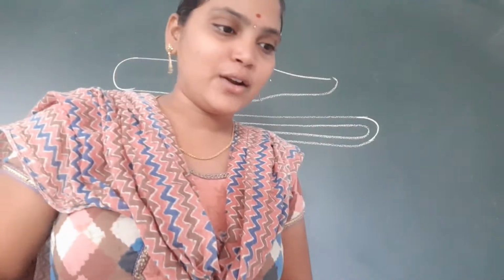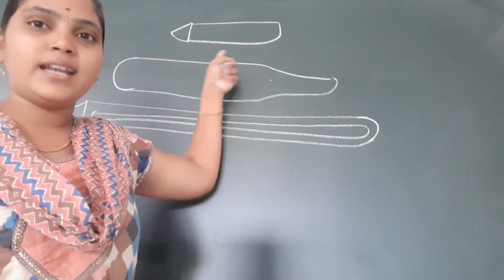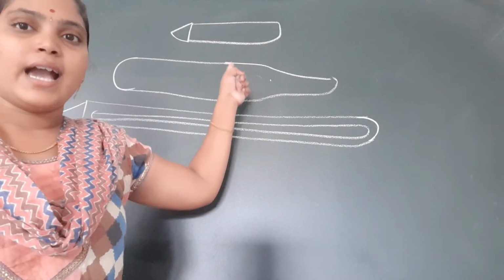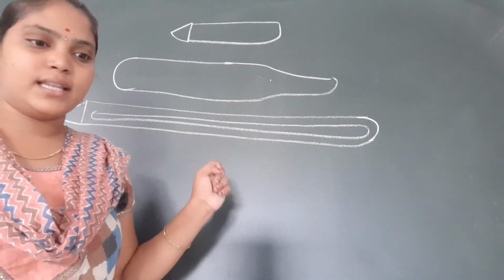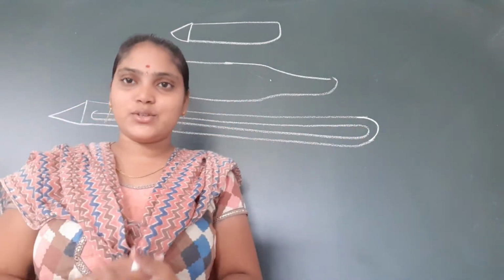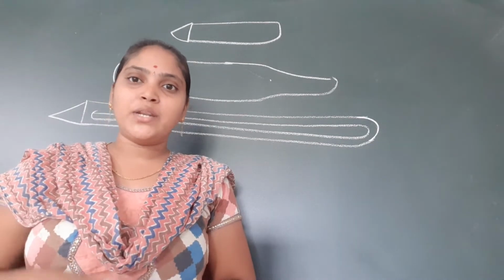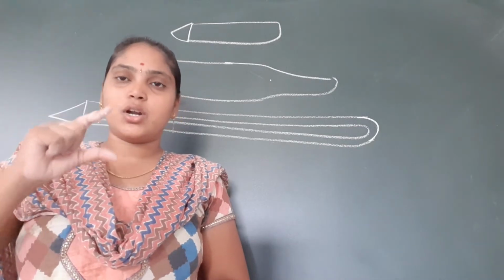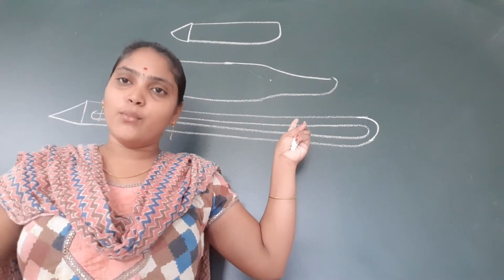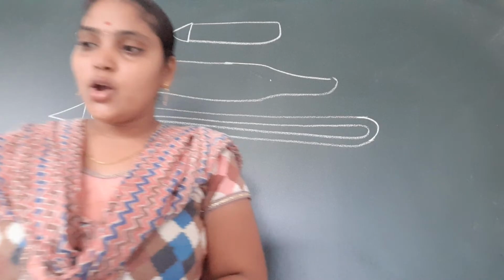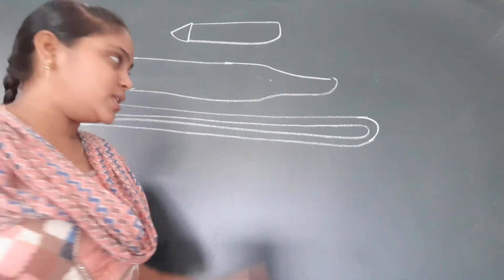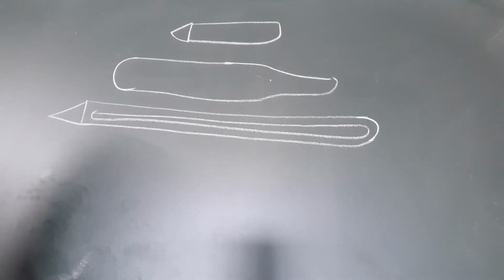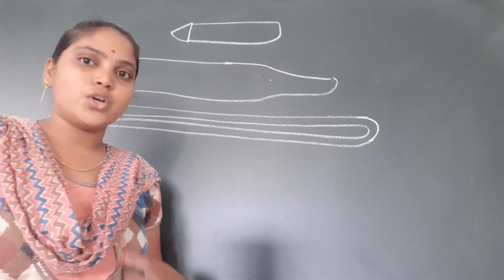Just imagine this is a crayon, an ice cream stick and a pencil. When we compare only two objects, we can say longer and shorter. But when we compare more than two, we use the words longest and shortest.